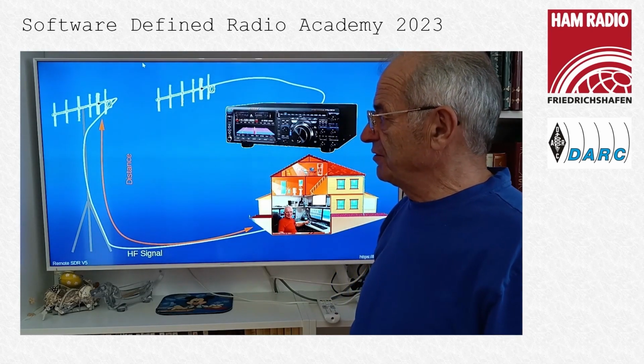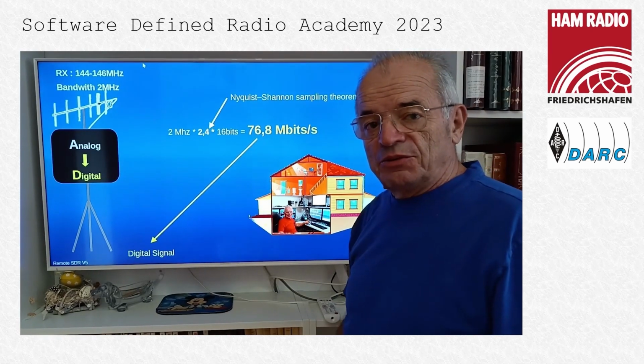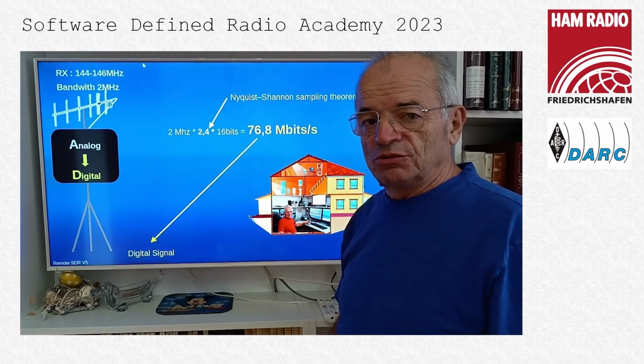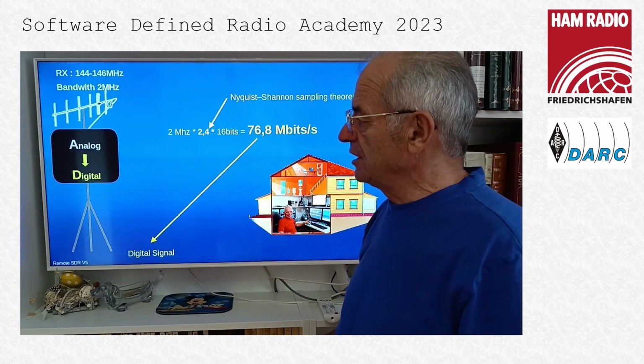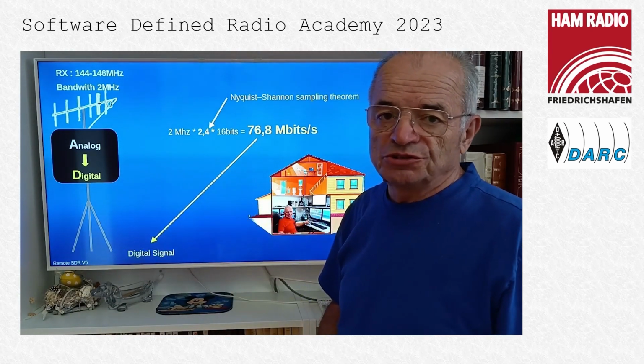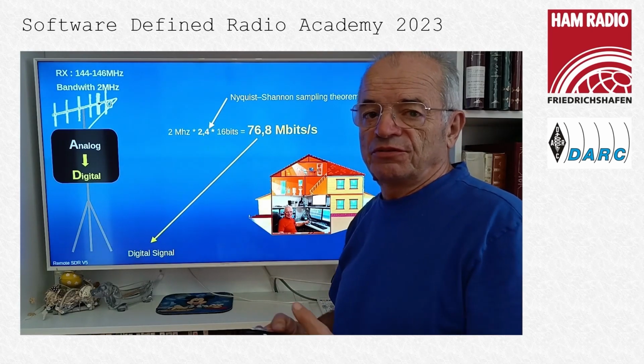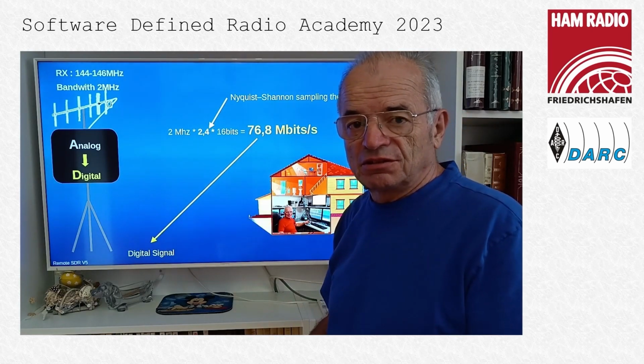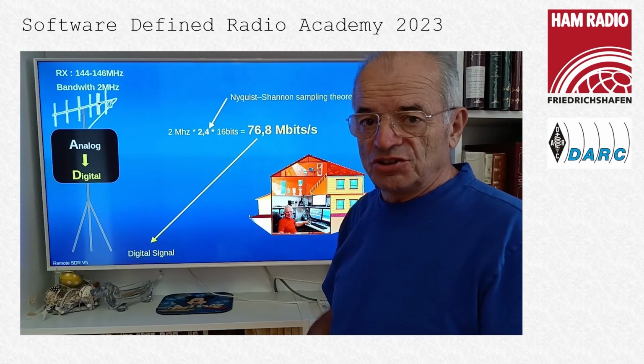This is a difficulty, and one solution is to implement an analog to digital converter close to the array, in order not to transfer HF signals, but digital signal.